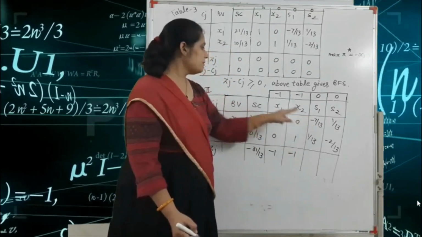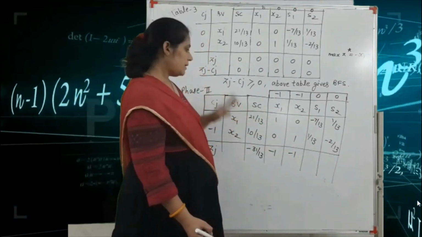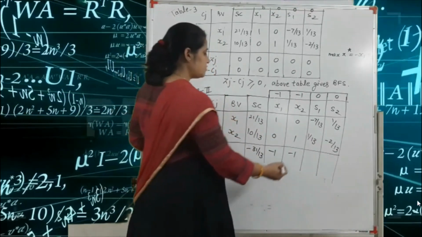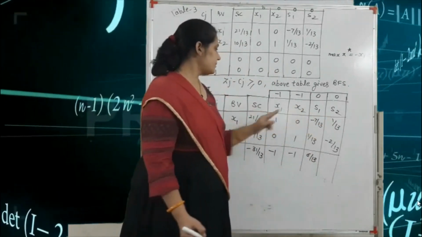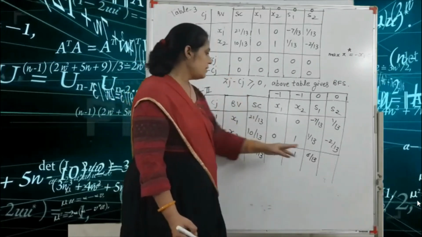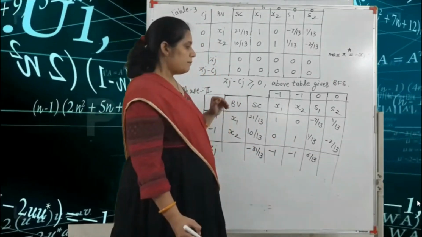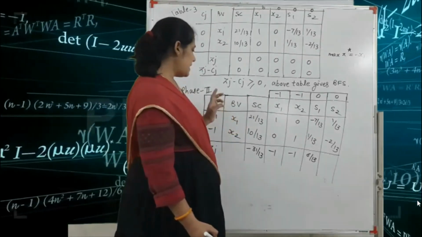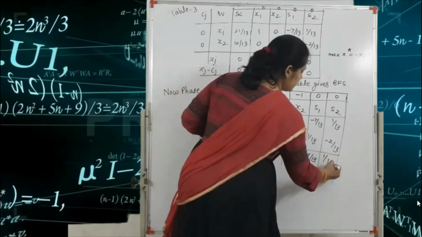Okay, minus 7 by 13 into minus 1, that means plus 7 by 13, plus minus 1 into 1 by 13, that means minus 1 by 13. So here 6 by 13. Next is 1 by 13 into minus 1, that means minus 1 by 13, plus minus 2 by 13 into minus 1, that means plus 2 by 13. So minus 1 by 13 plus 2 by 13 means 1 by 13.